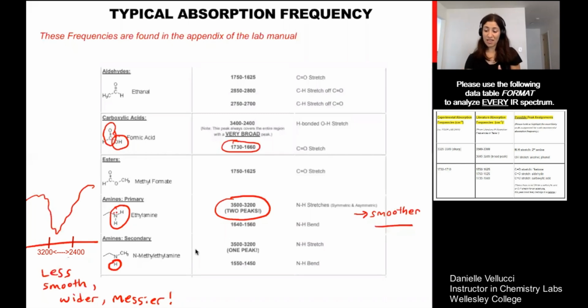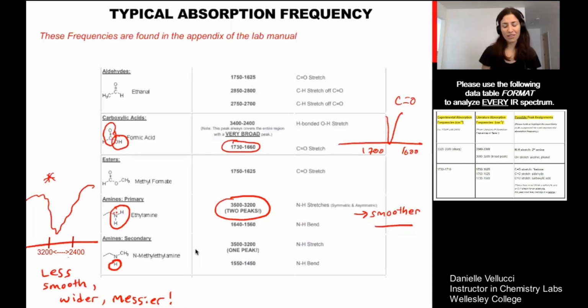So when you see this type of messy peak combined with the 1600 to 1700 strong absorption signal for a CO pi bond, when you see both of those present, it's most likely that your molecule does in fact contain a carboxylic acid. So we'll see a lot of those in lab this week.